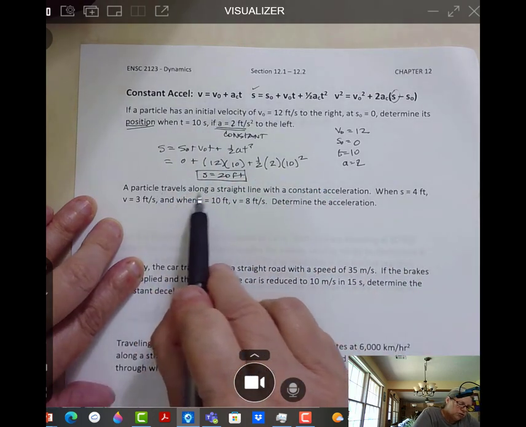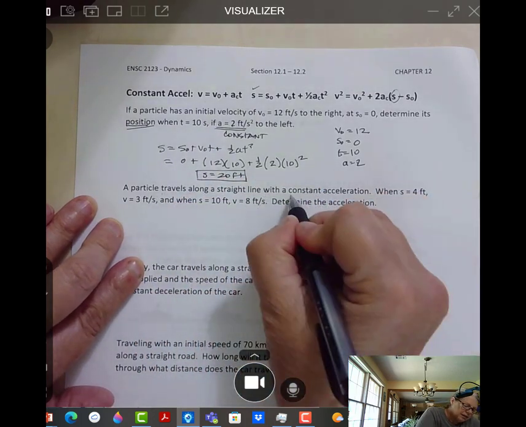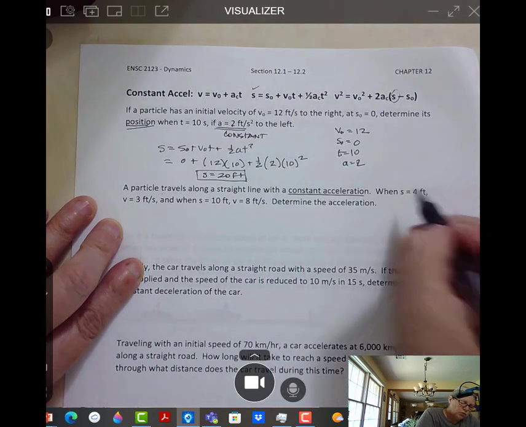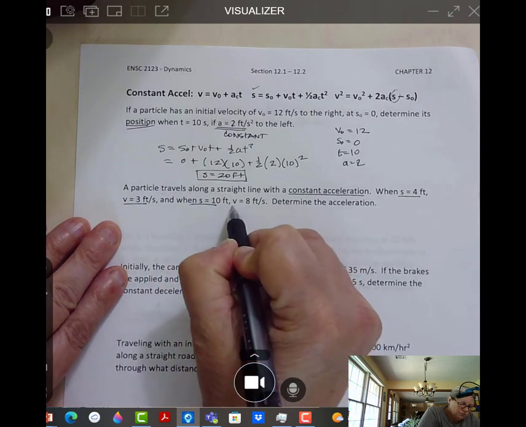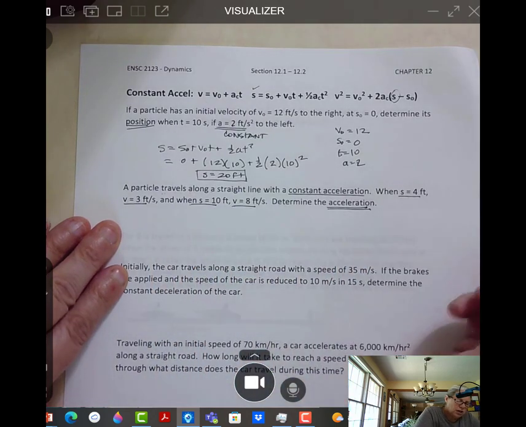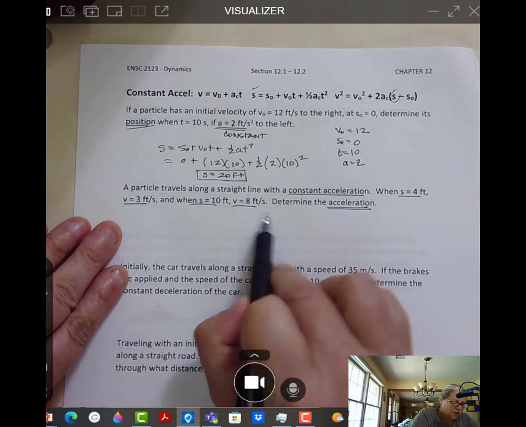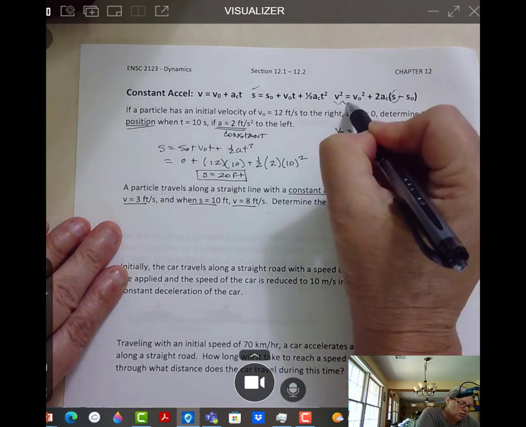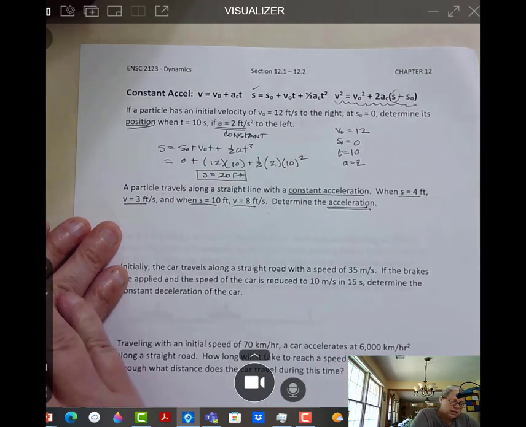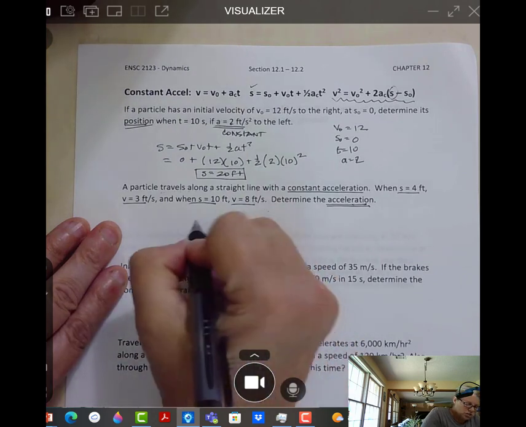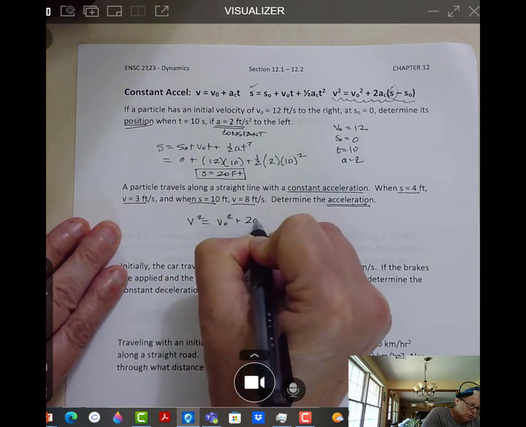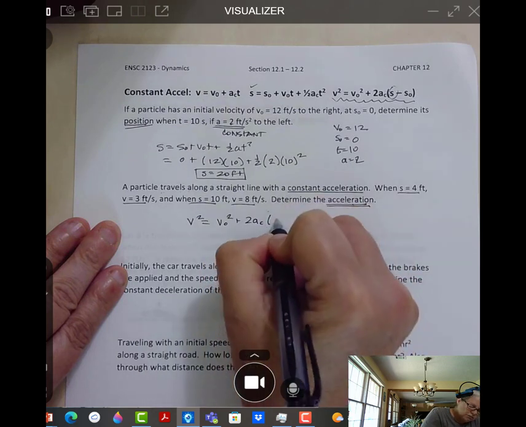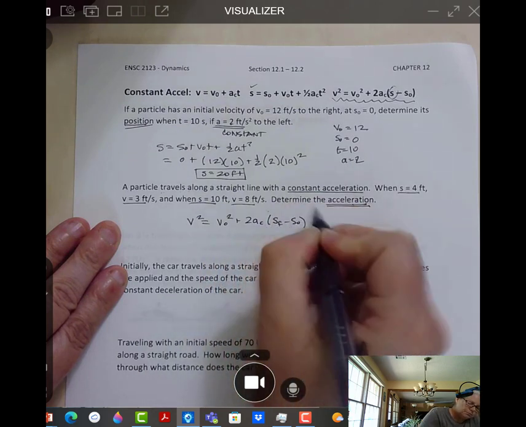Okay, a particle travels in a straight line with constant acceleration. When s equals 4, v equals 3. When s equals 10, v equals 8. Determine the acceleration. I don't see any time in here. If I don't see time, I'm usually going to go to that equation right there, especially since we're determining acceleration. So v squared equals v naught squared plus 2 a times s minus s naught.